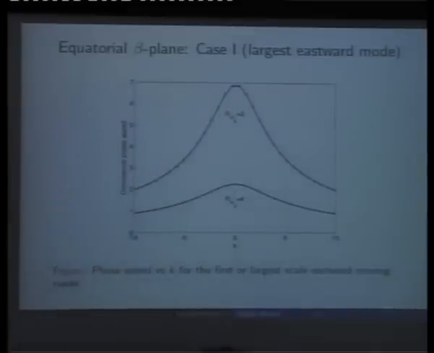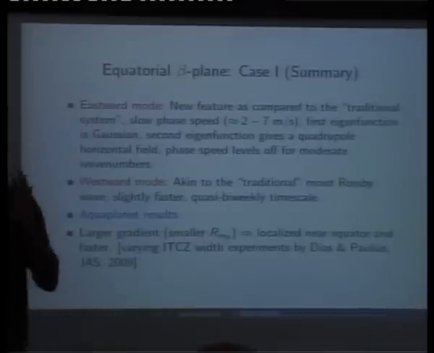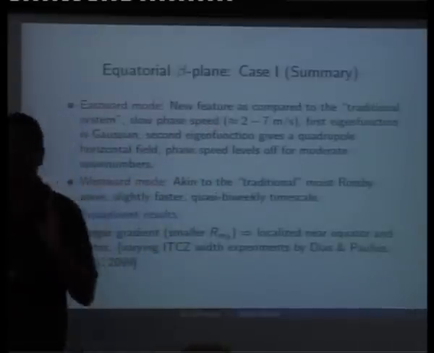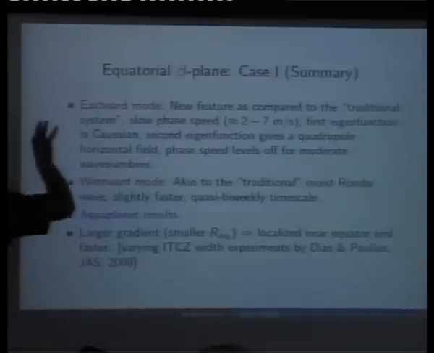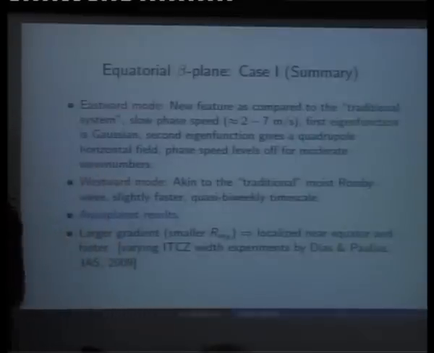So you keep these two things in mind, and one can write down a simple summary: you have an eastward propagating neutral mode that has a small phase speed. Its first eigenfunction is Gaussian. Its second eigenfunction gives you a quadrupole structure which is out of phase with the Gaussian peak. Thirdly, its phase speed falls off for moderate values of k, that is, it flattens out.